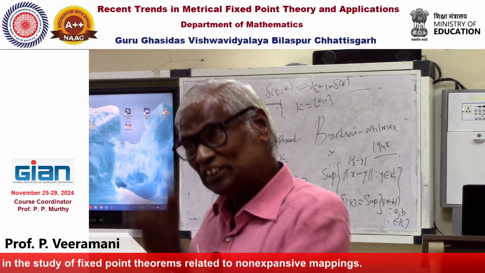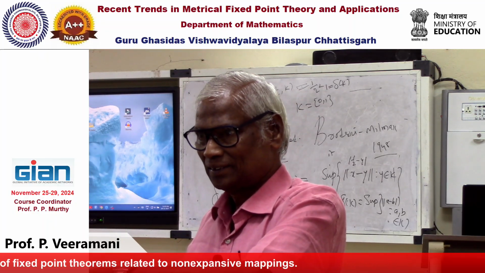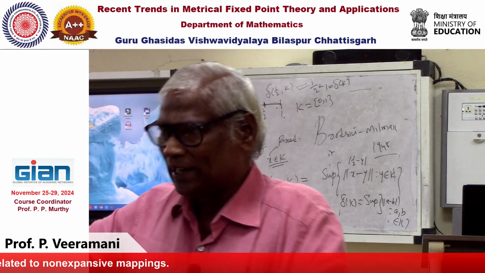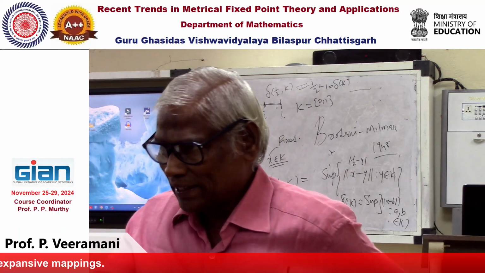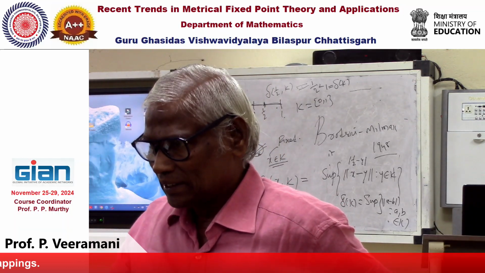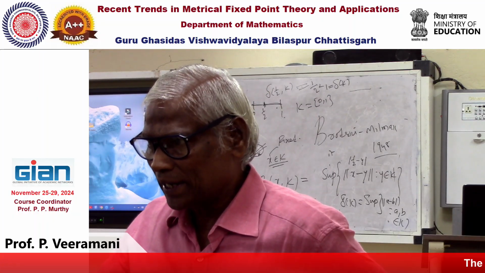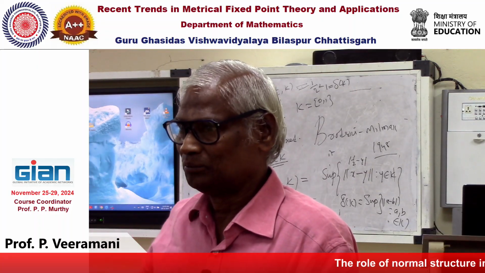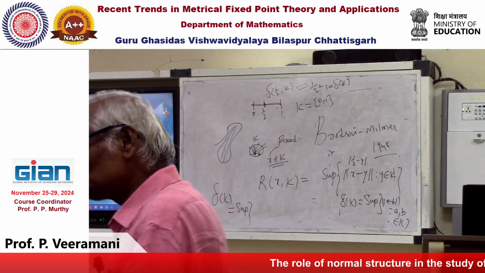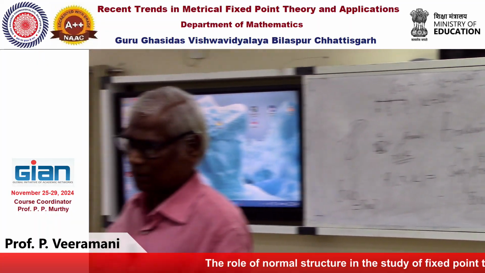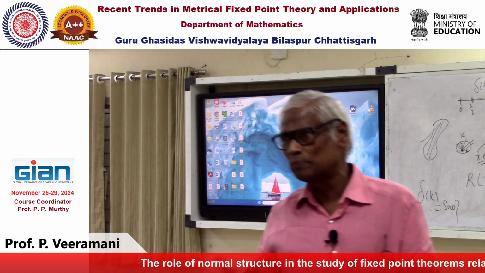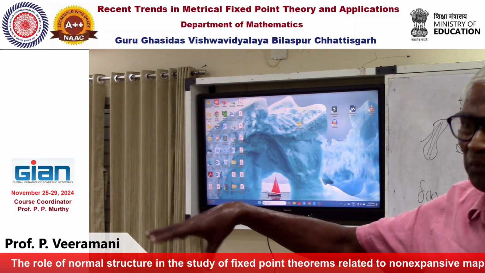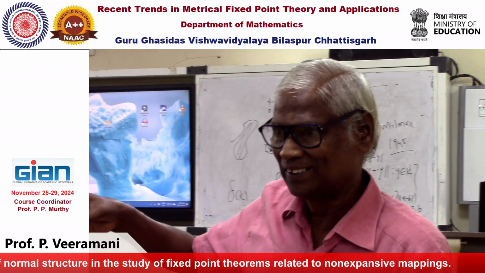It is 1, which is equal to the diameter of K. But there are points, in this case any interior point, there is an x so that delta of x comma K is strictly less than the diameter of K. See, the essential idea of this geometrical structure was introduced by Brodskii and Milman to prove some fixed point theorem, in 1958.